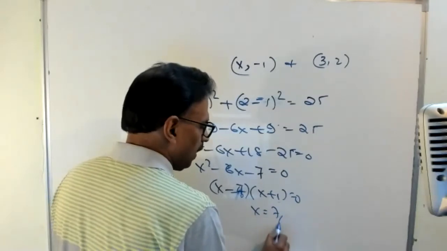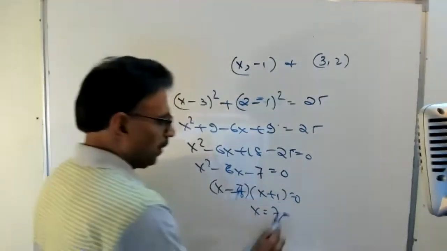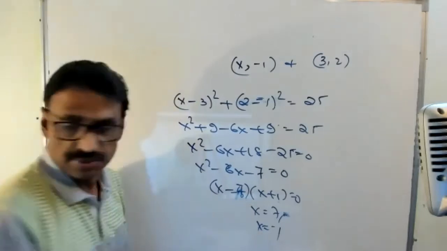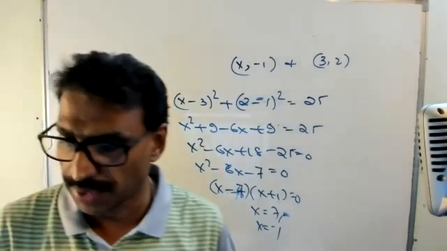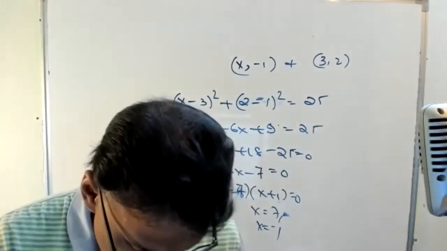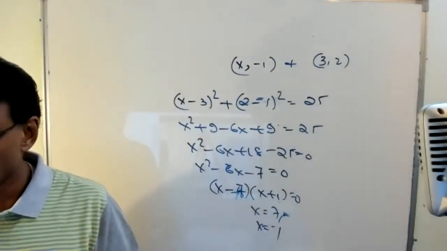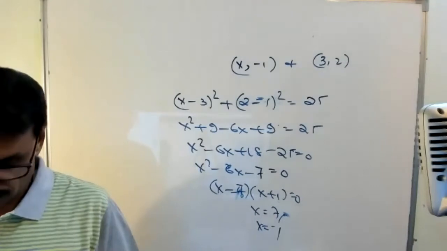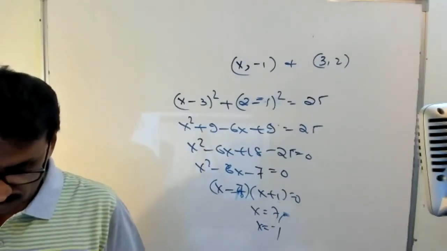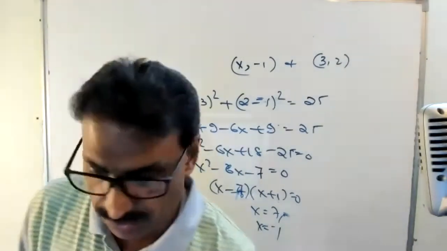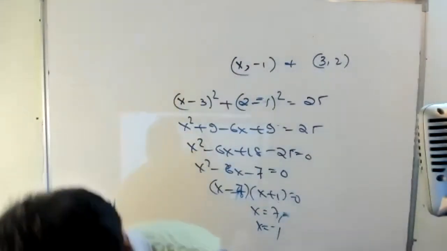X equal to 7 and minus 1. Two answers: x equal to 7 or minus 1.